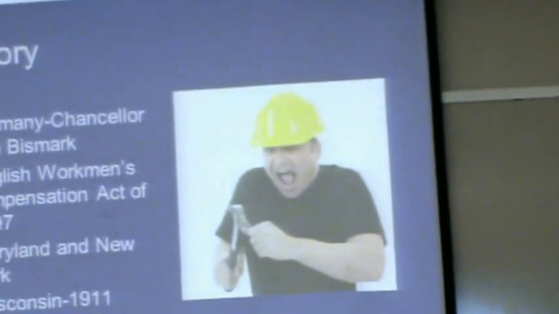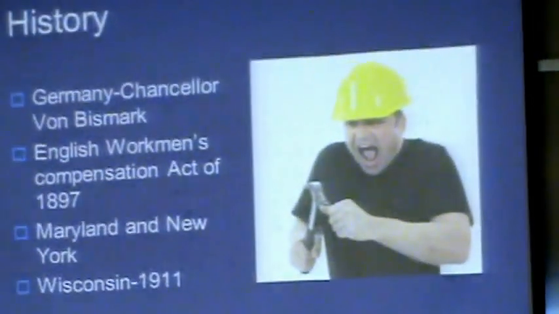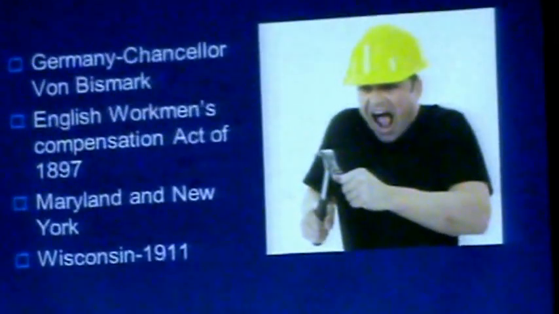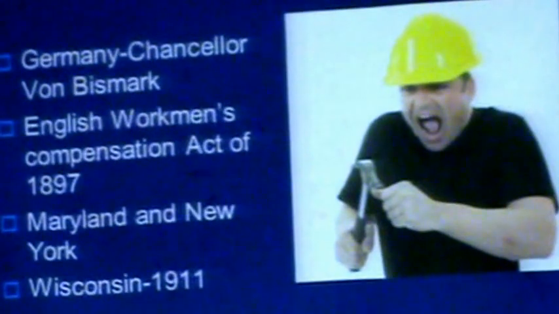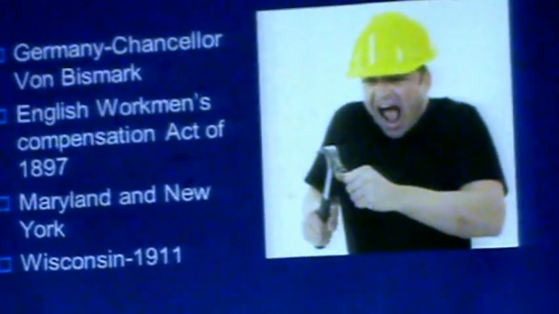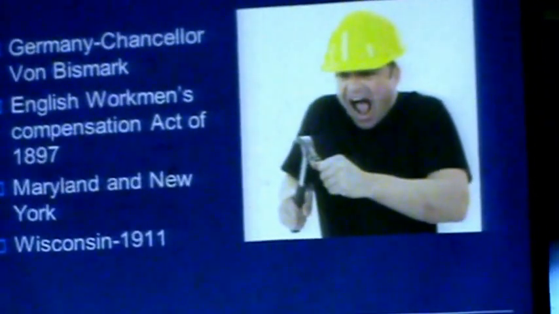The general history is that the first modern workers' compensation laws came out of Germany, and in 1838 they actually protected railroad employees and passengers in the event of accidents.